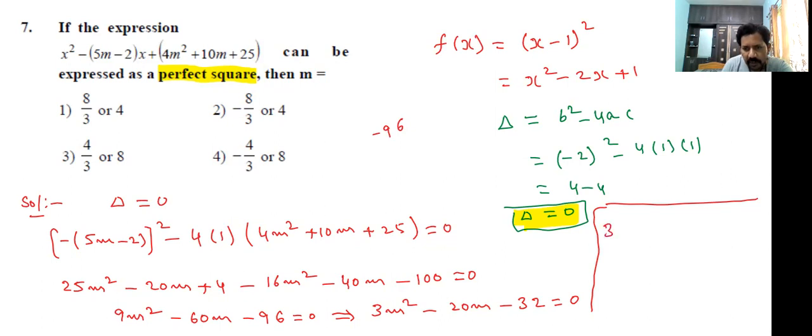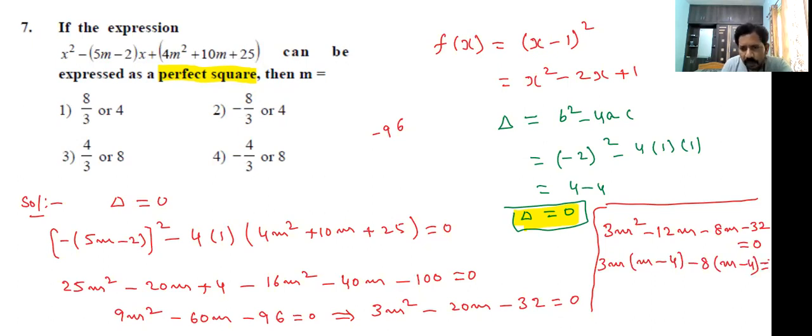Right. 3m square minus 12m minus 8m minus 32, that is equal to 0. Now first two terms, take 3m common, we get m minus 4. Next two terms, take 8 common, m minus 4, that is equal to 0.